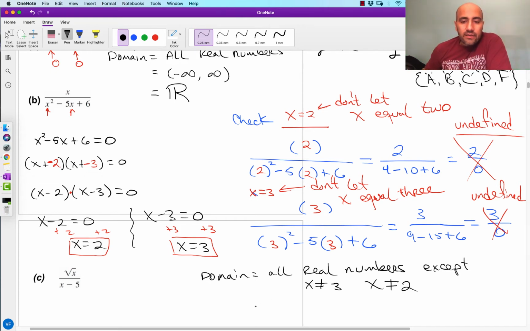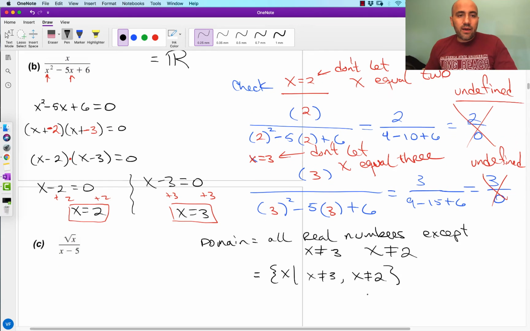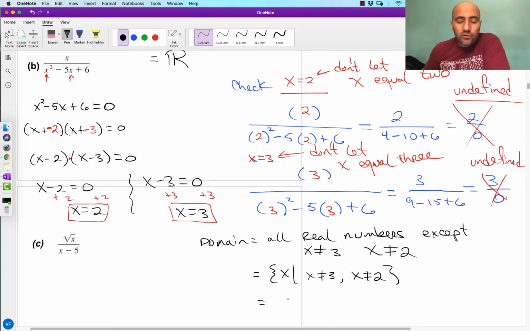Another way to state it is with this notation style. Domain equals x such that x does not equal 3 and x does not equal 2. By default, this is assumed to mean that x is all real numbers except these two. And then another way you can describe this is by using interval notation.